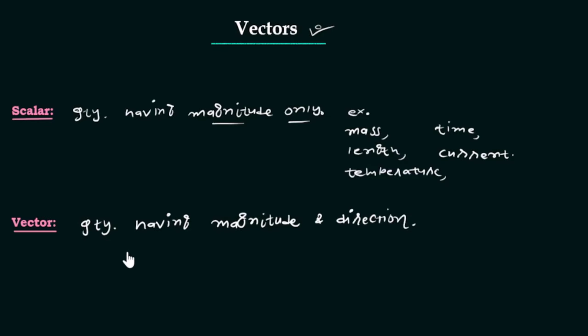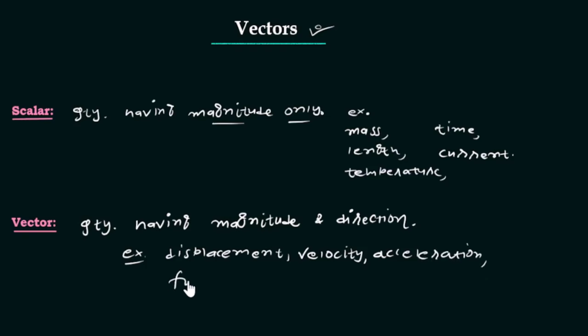So what are the examples for vectors? Examples for vectors are displacement, then velocity, acceleration, force. So this is the introduction to what is scalar and what is vector.